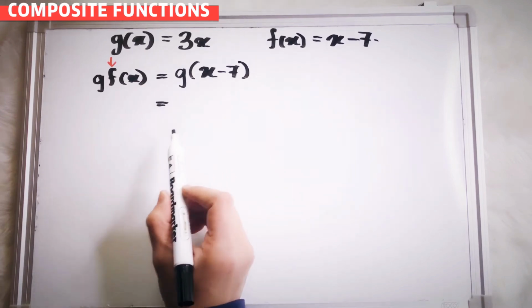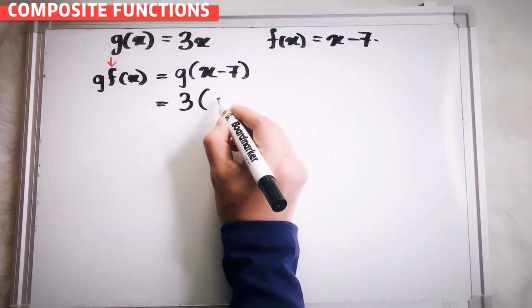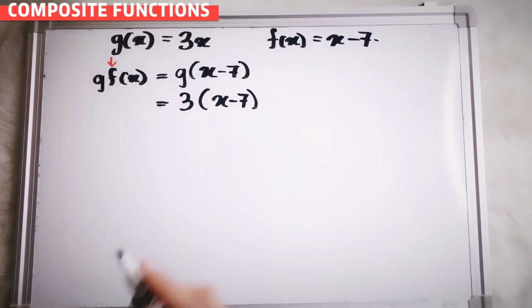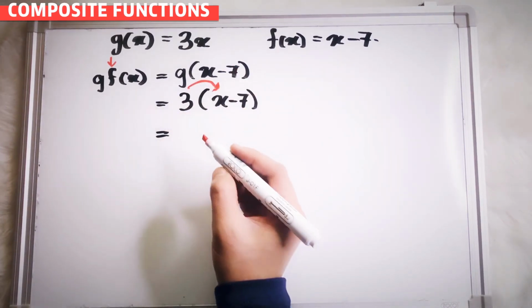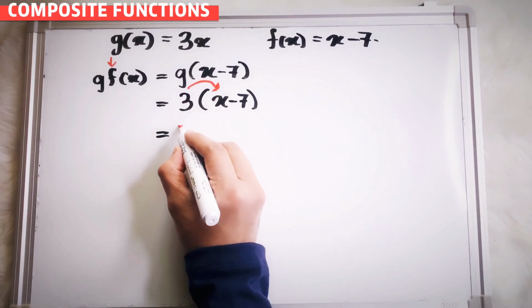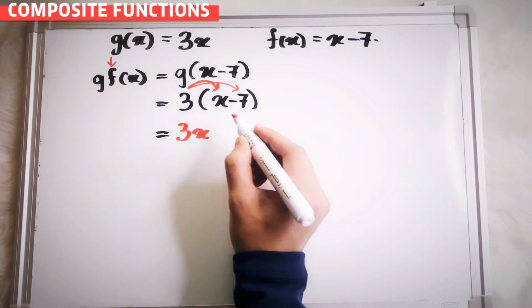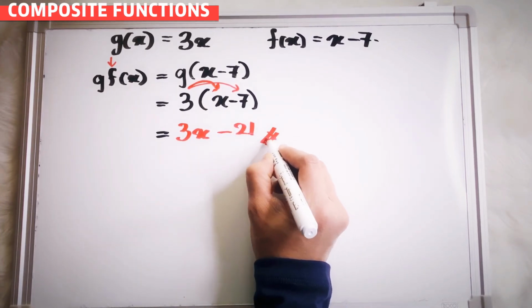The g function is 3x, so 3 times (x plus 7). Now we have to expand. 3 times x is 3x, 3 times 7 is 21.